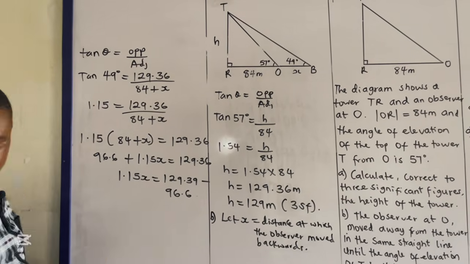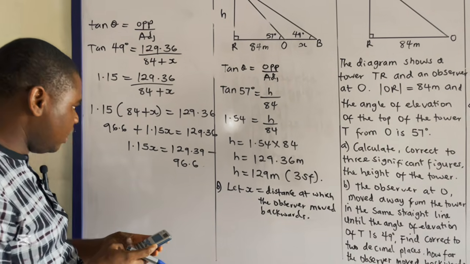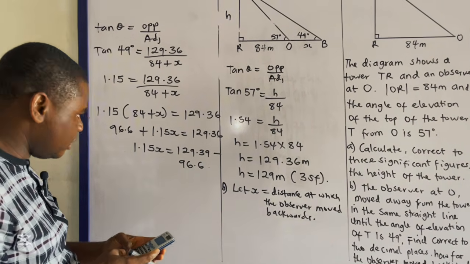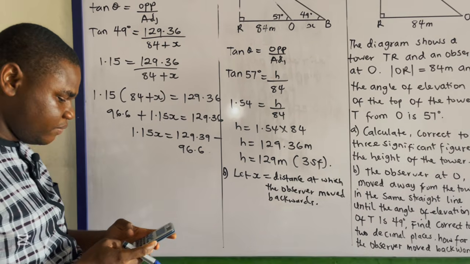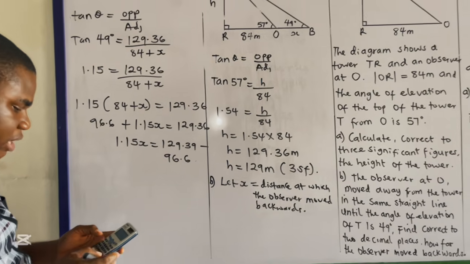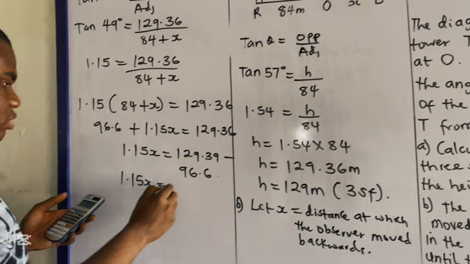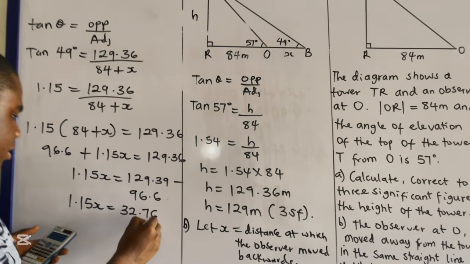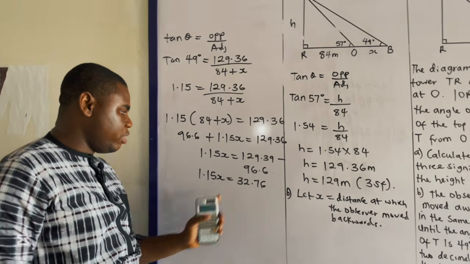96.6. So permit me to use my calculator again. So I have 129.36 minus 96.6. Alright, that will give me 1.15x is equal to 32.76. I'm going to divide both sides by 1.15.